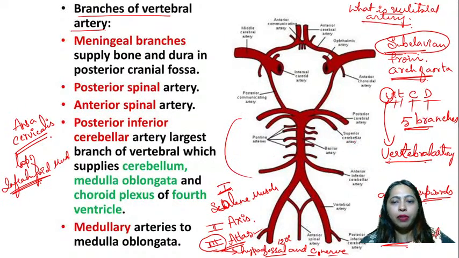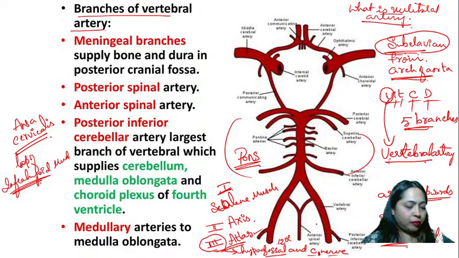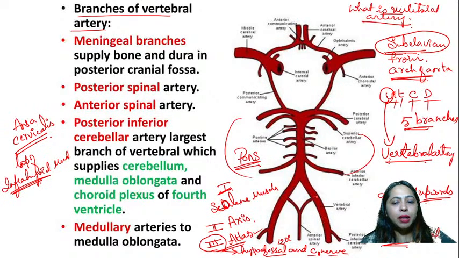So this area will be the pons area. Okay, this area will be the area where it is very closely related to the posterior aspect of the pons.